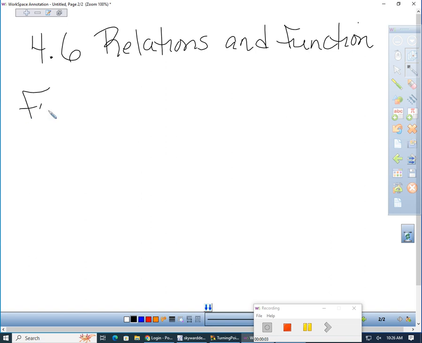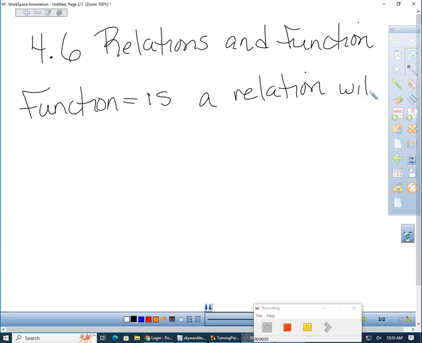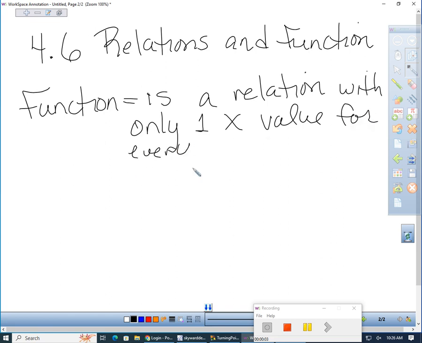A function is a relation with only one x value for every y value. Okay, which out of all that mumbo jumbo really is just saying x cannot repeat.